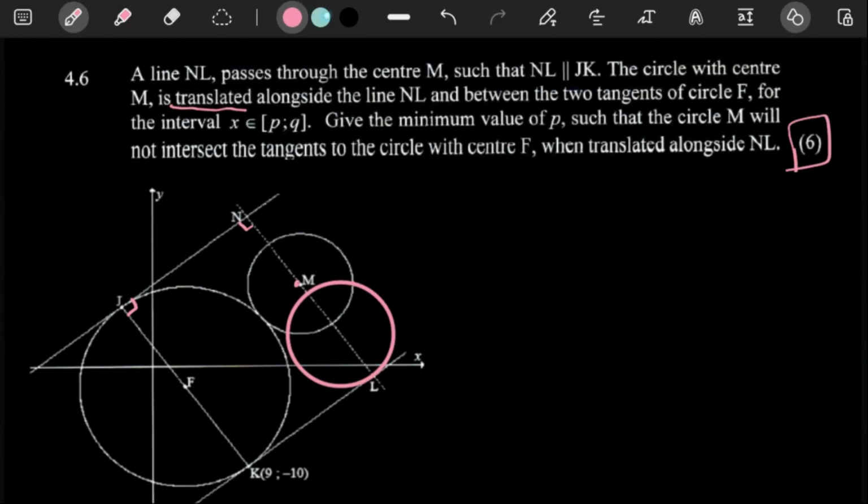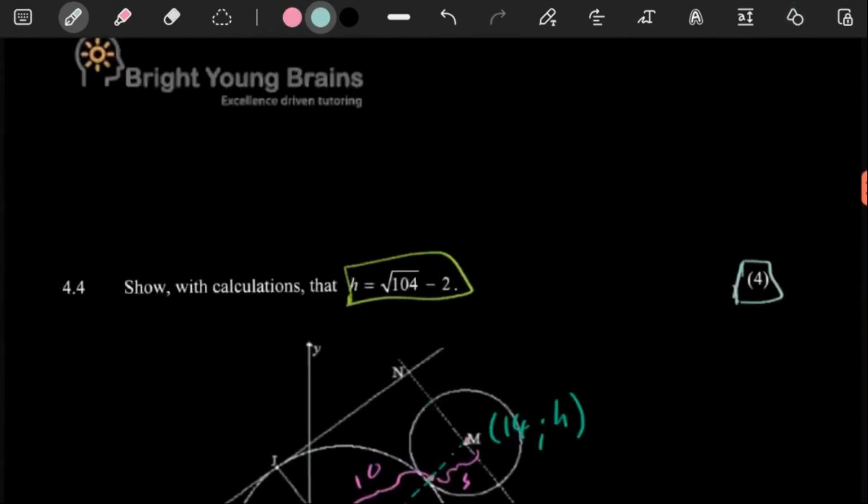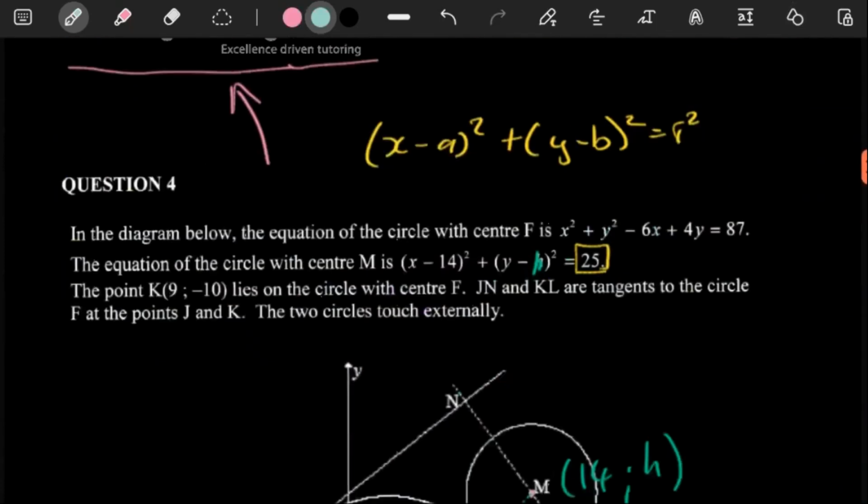Okay, since they're talking about the center, we can try and focus on the x values of the center. With M, the x value of the center, let's see originally what it is. According to our given description, the center is -14. And then we also got H. What did we get as H?